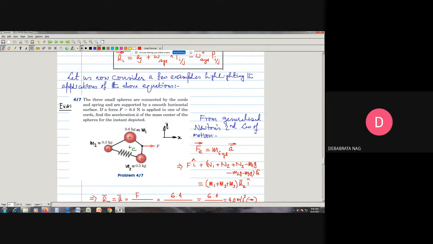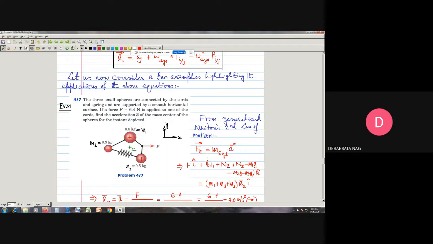And we note here that this problem is basically the application of Newton's generalized second law, which states that F bar E equals mc times a bar.